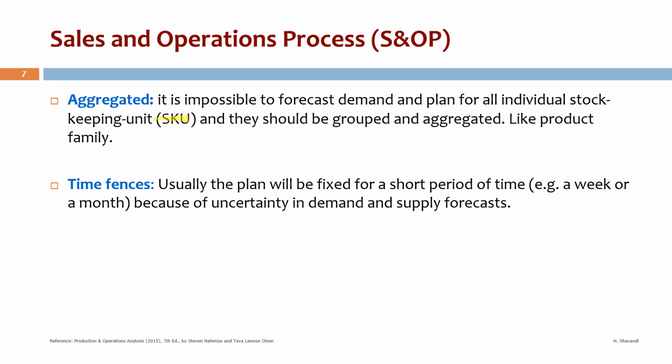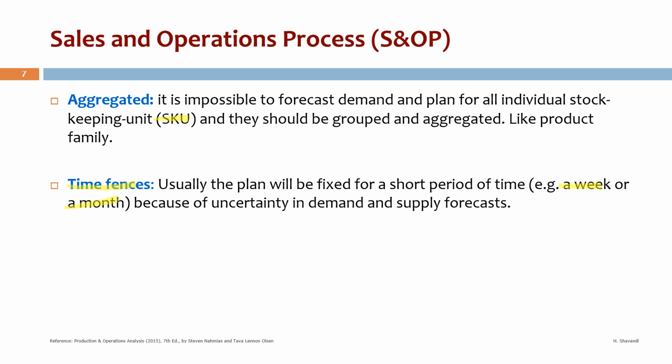Okay, and for the aggregate planning, we need to consider time fences. Because of the uncertainty, and in order to deal with the uncertainty, we need to consider a time horizon for aggregate planning, and it should be, for example, a week or a month.